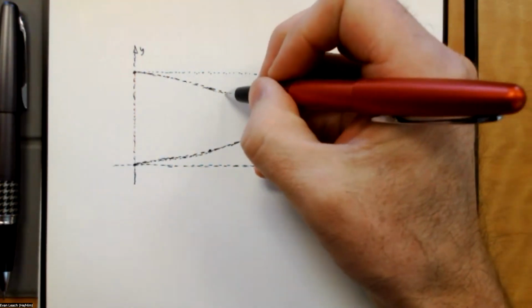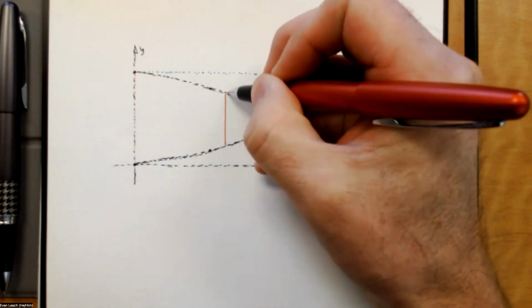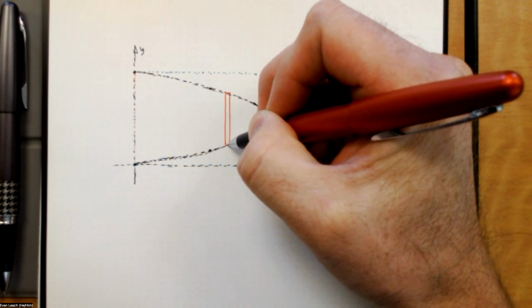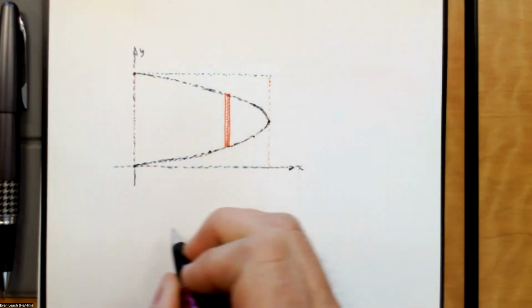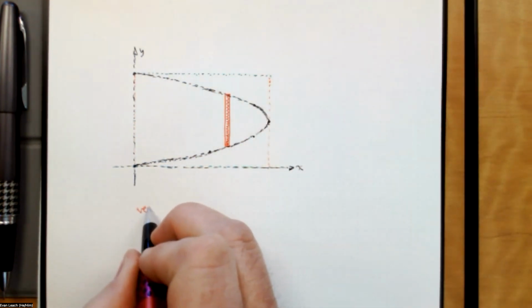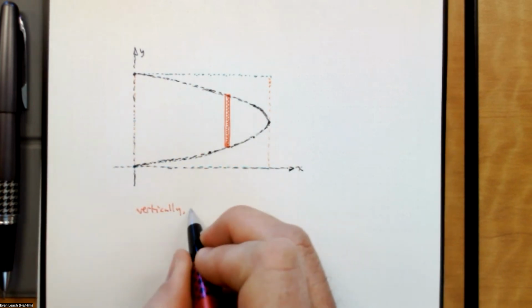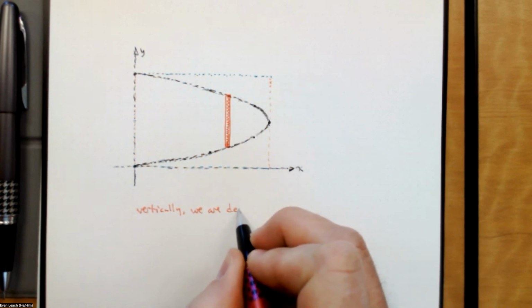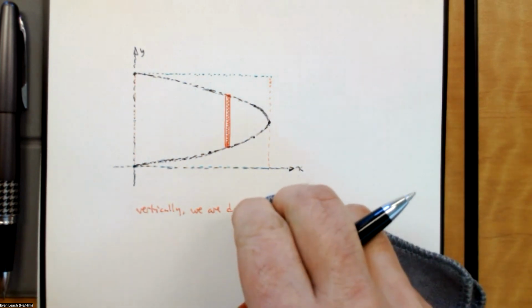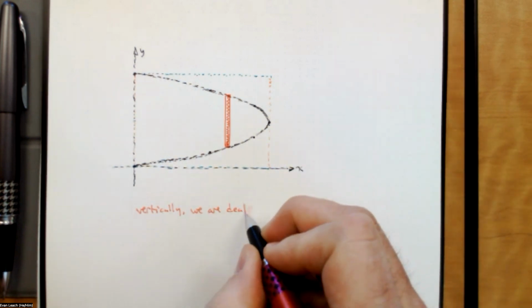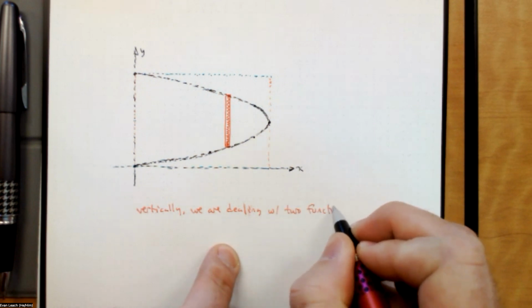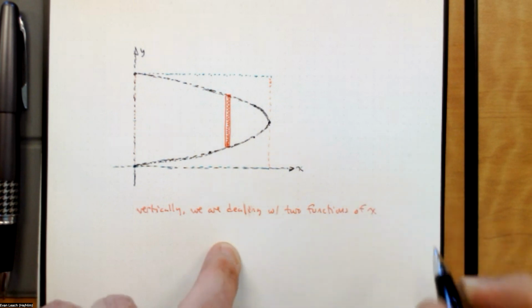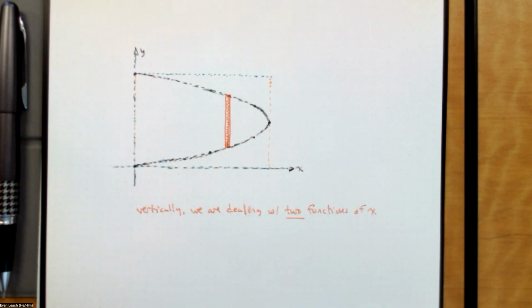So vertically, we have to be dealing with two functions of x.